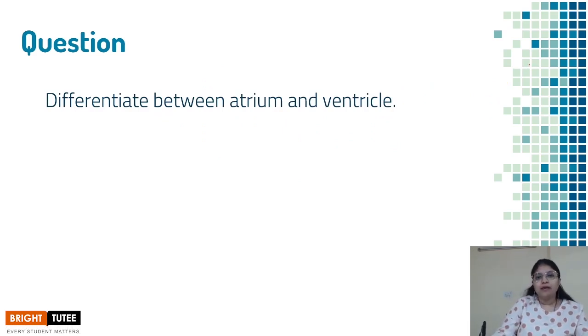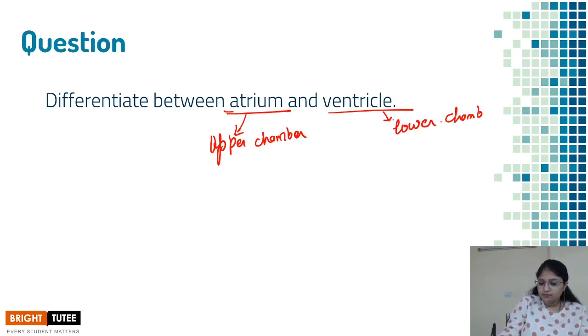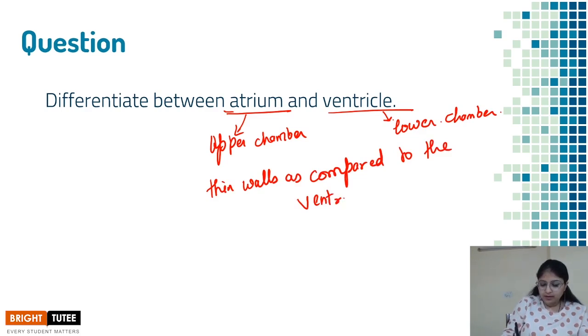Differentiate between atrium and ventricle. To differentiate between the two, first of all, atrium is the upper chamber and ventricle is the lower chamber, right? Now the atrium has thin walls as compared to the ventricles, right?